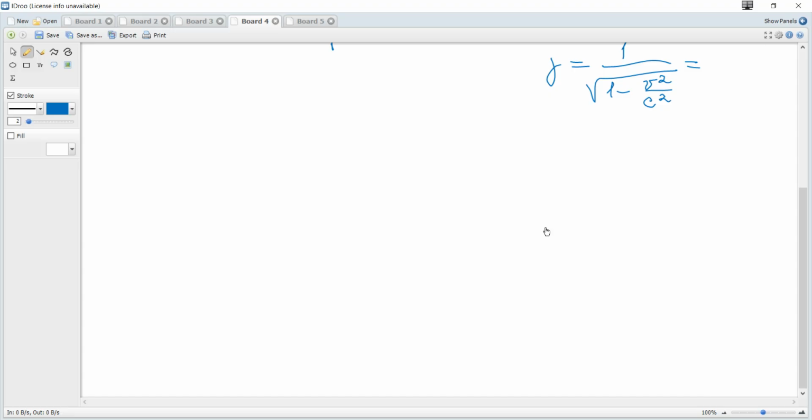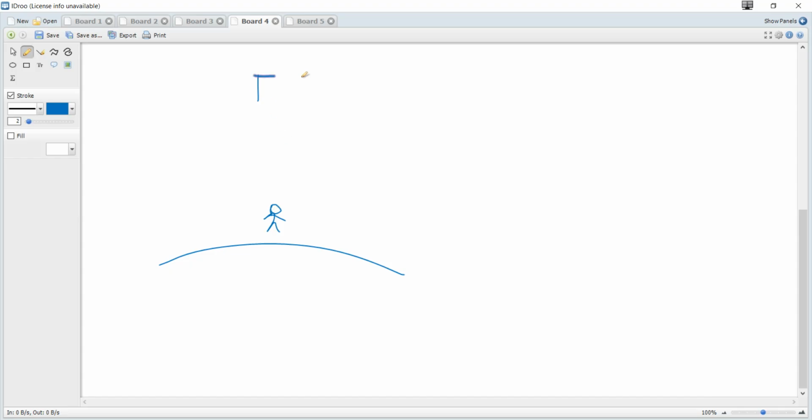And how to remember? For example, there is a stationary observer on the Earth, and there is a moving rocket, and something happens in the rocket.